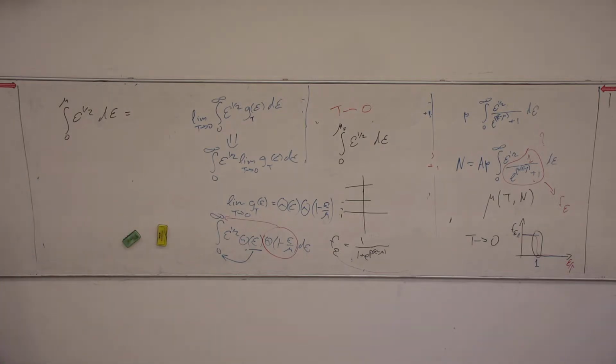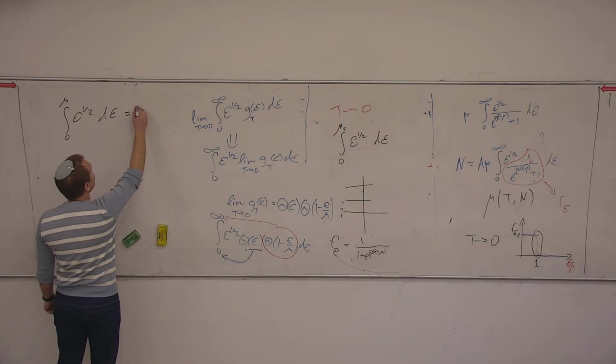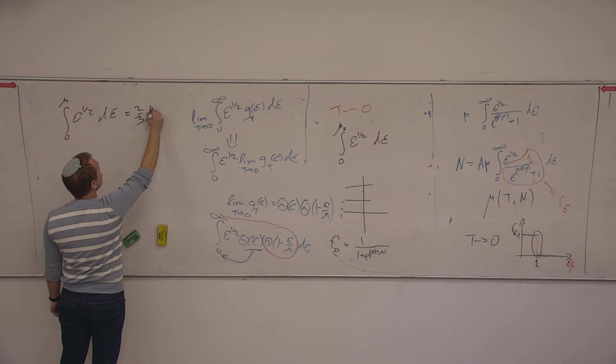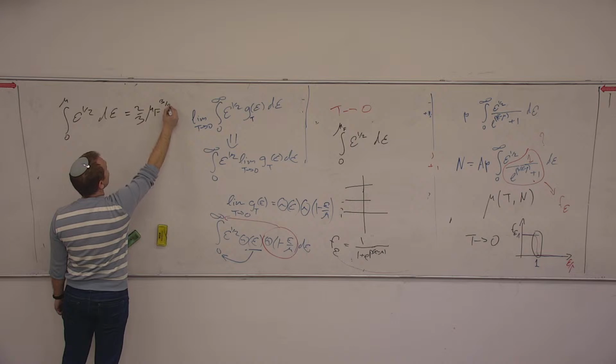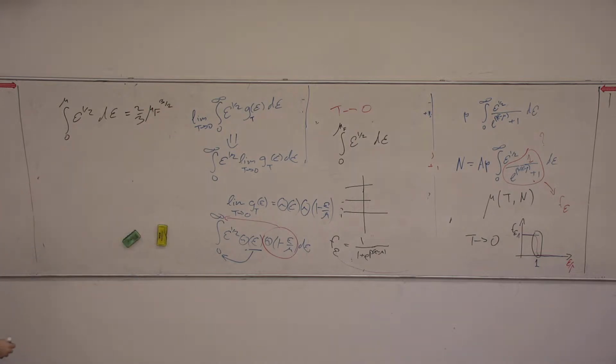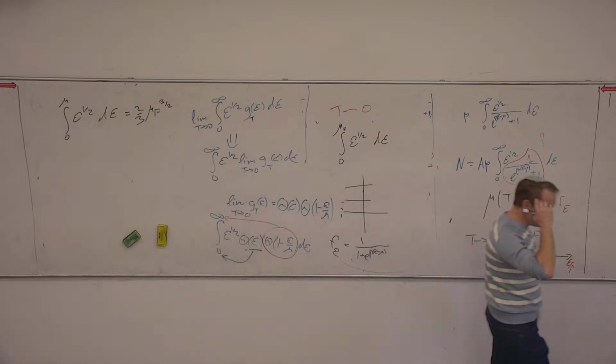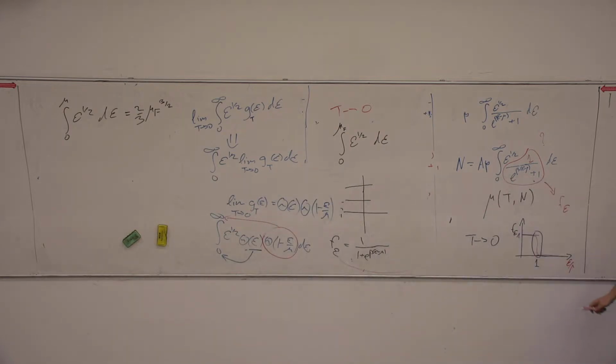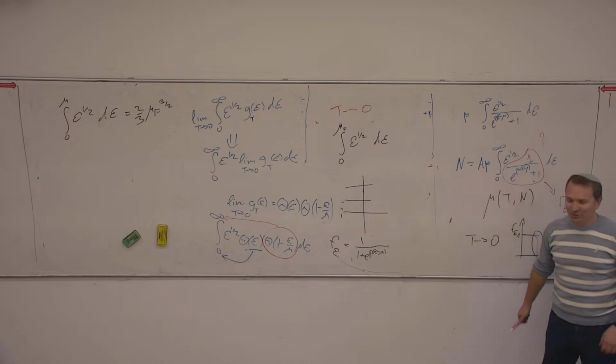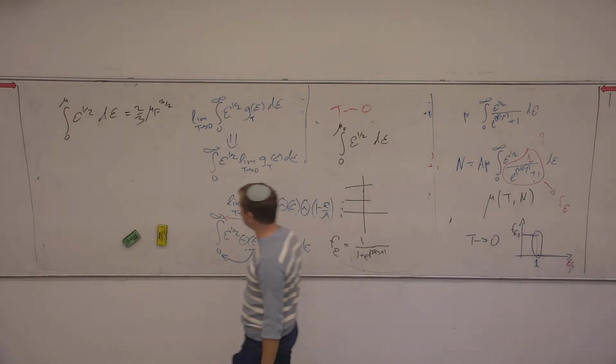What is the solution to this integral? 2/3 mu Fermi to the power 3/2. Yes, this is the solution. The problem is that I erased whatever A is. We have this A, and I don't remember what A is, so you have to tell me what A is.